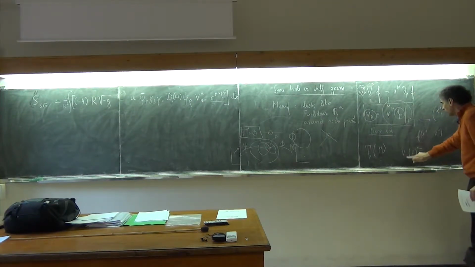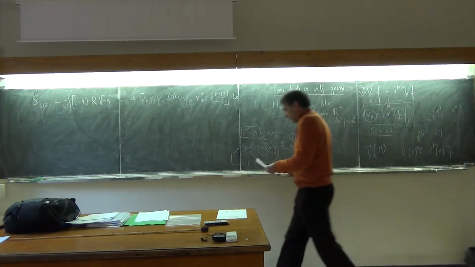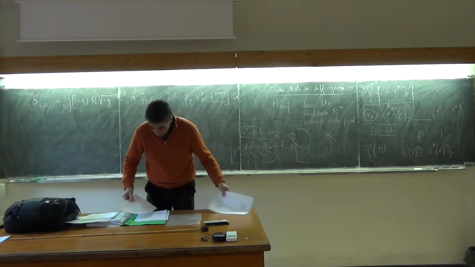Well, I don't put P anymore because it refers to any point x of the manifold now, as v^mu(x) d_mu. And these derivatives now are done at the generic point x. Here they were done at the precise point P. This is what I call a vector field on my manifold.